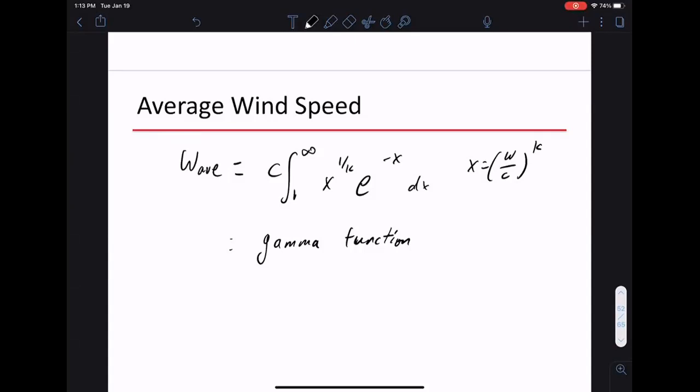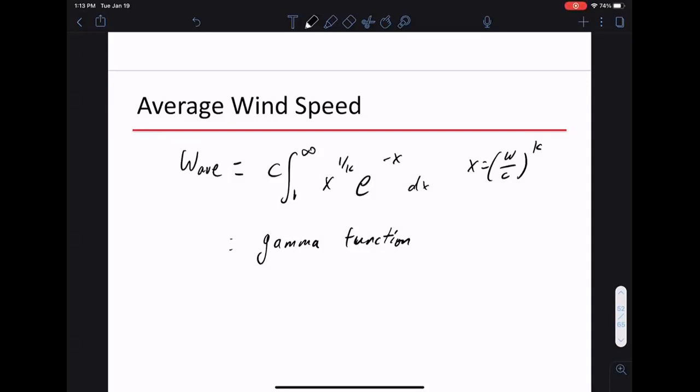So what this says is also that constructing an empirical distribution is not so easy, because empirically, if this is wind speed, what we can measure is the average wind speed. Empirically, these are the easy things to measure, but that's not k and c, right?